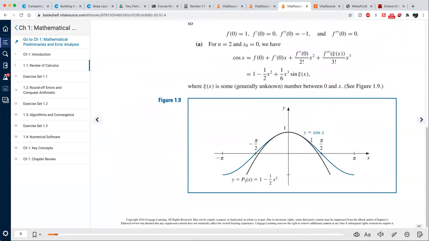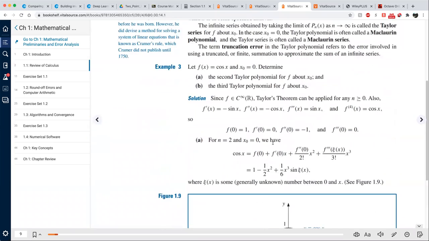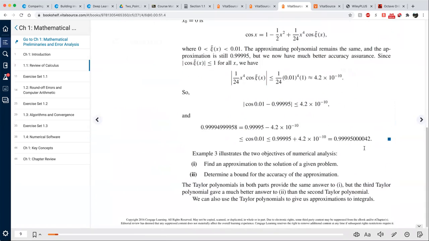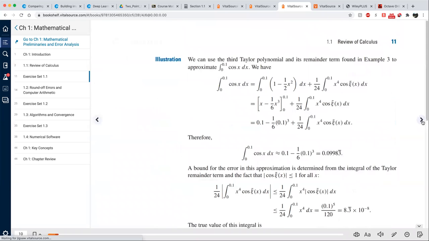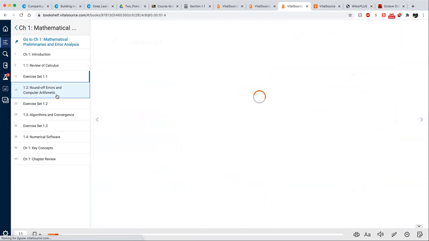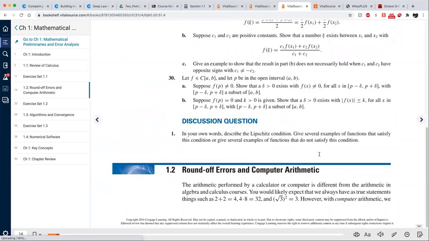Okay, now please look at example 3 by yourself. Read this one, and that's the review of calculus. Now, round-off errors in computer arithmetic.